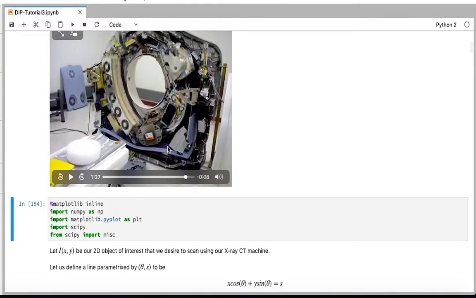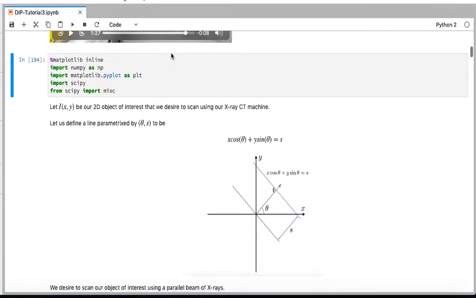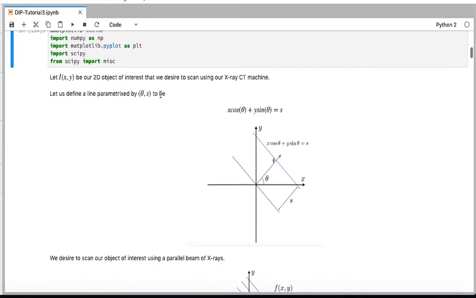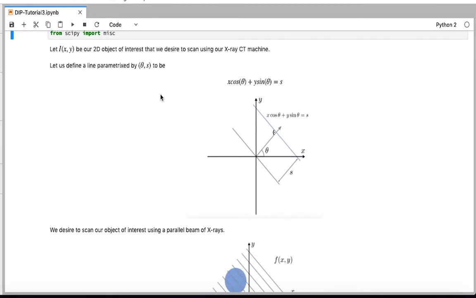This is a specific configuration which is used these days, but today we're not going to talk about it. We're just considering a case where you have five receivers like this and five transmitters on the other side, sending parallel rays and not shooting the rays as a diverging beam.